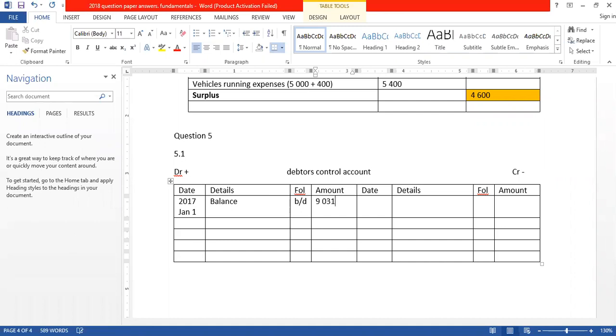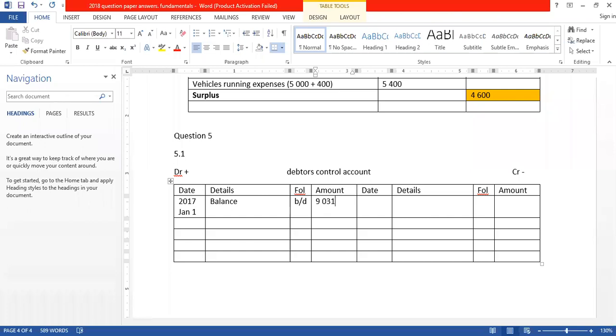Okay, now that we got our balance, we now look for any other transaction that has to do with debtors. We can look at the bank account that you're given. You are told that the checks received from debtors amounted to 37,936. So this means that the debtors paid off their accounts.